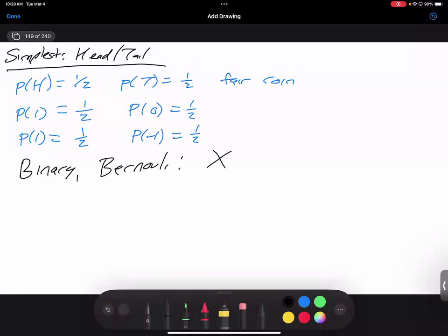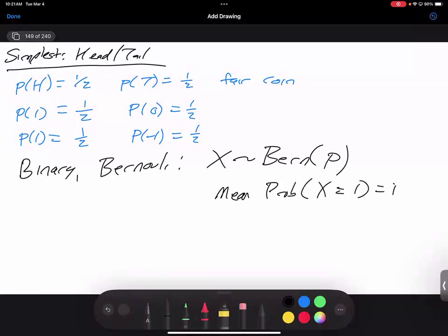And we often say X is Bernoulli with parameter P. And that will mean the probability big X equals 1 is P, and the probability big X equals 0 is 1 minus P. Sometimes we write the X's like this to emphasize the fact that it is a capital letter.